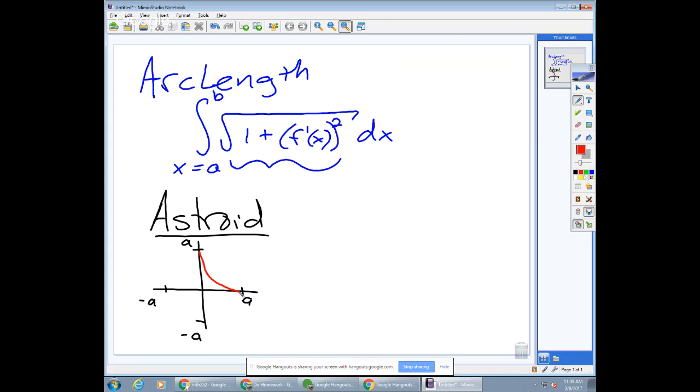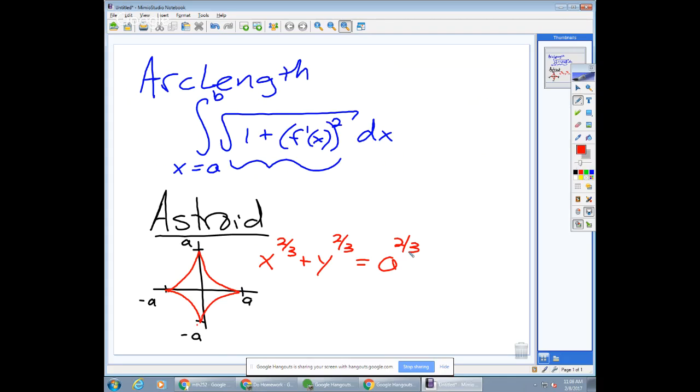It has 4 symmetrical pieces. That point is supposed to be on the axis there, but my pen was a little off. This is supposed to be perfectly symmetric. The astroid equation is x to the power 2/3 plus y to the power 2/3 equals a to the power 2/3.